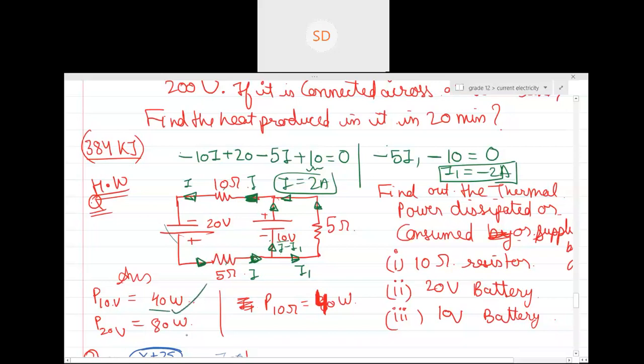But then through 20 volt, I didn't get 80. Let me check the answer again. I1 is minus 2 ampere.